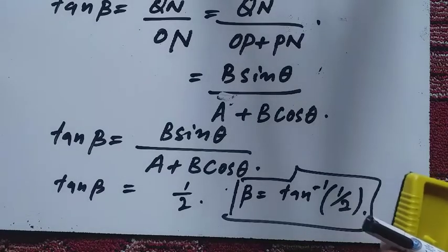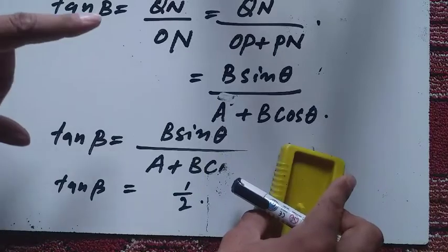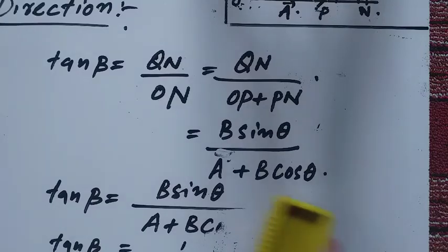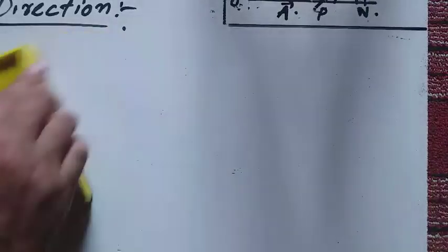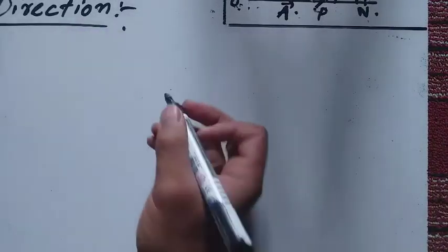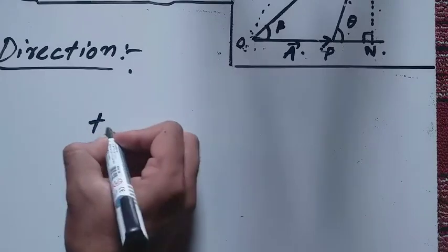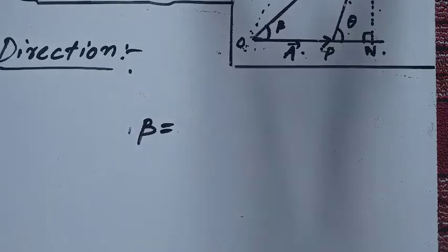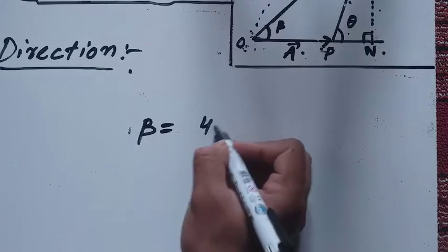Suppose you get tan beta, sorry, you get beta, the angle, equal to 45 degree.